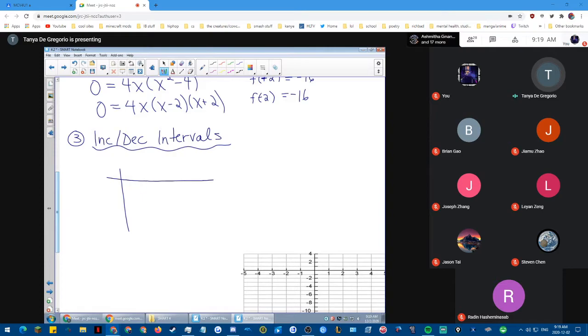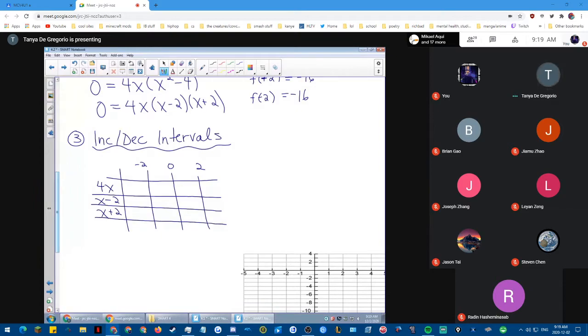What goes at the top, Logan? Okay, good, the critical points. And always in order from left to right. Then we write all our factors. And we're checking the first derivative, whether it's positive or whether it's negative. Okay, so do the chart and tell me what the results are.